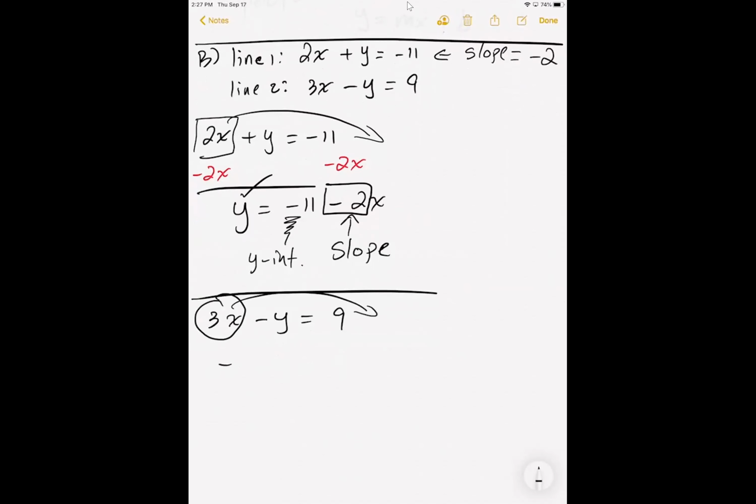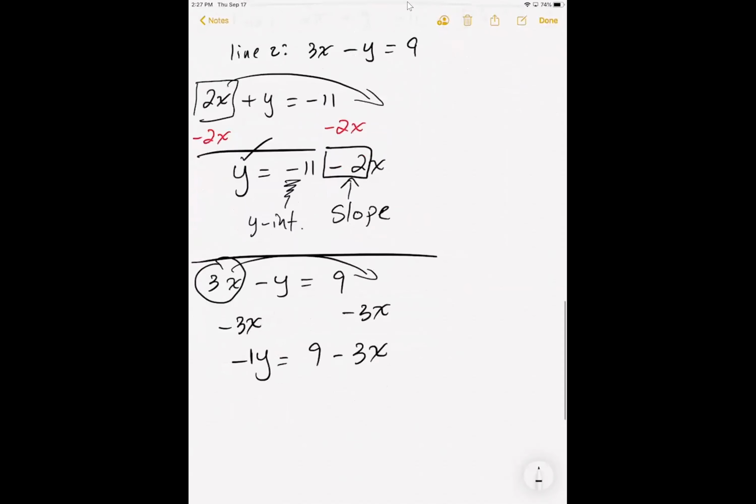To move my 3x, I need to subtract 3x. I have negative y equals 9 minus 3x. And reminder, if there's a negative, just assume there's a negative 1 in front of the y. How do I get rid of the negative? I need to divide every single term by negative 1. And I have the result.